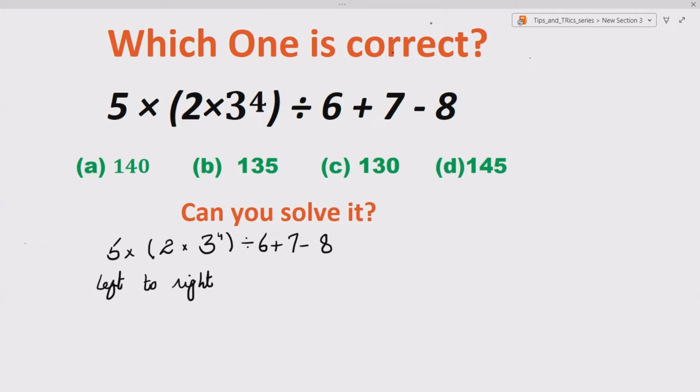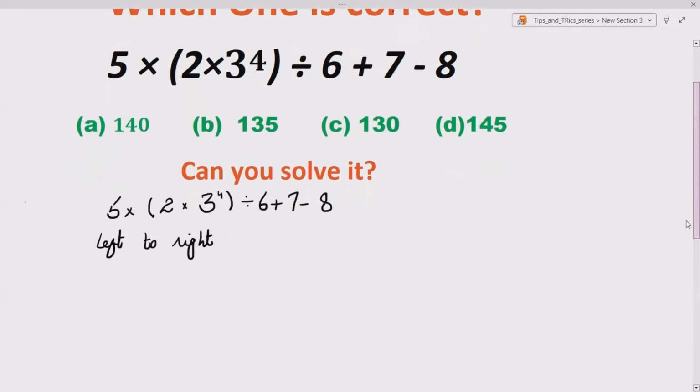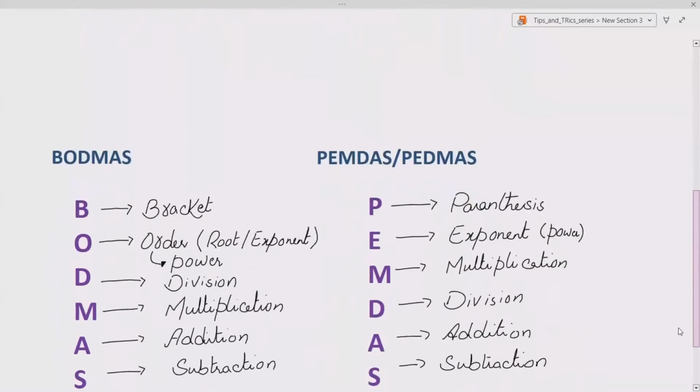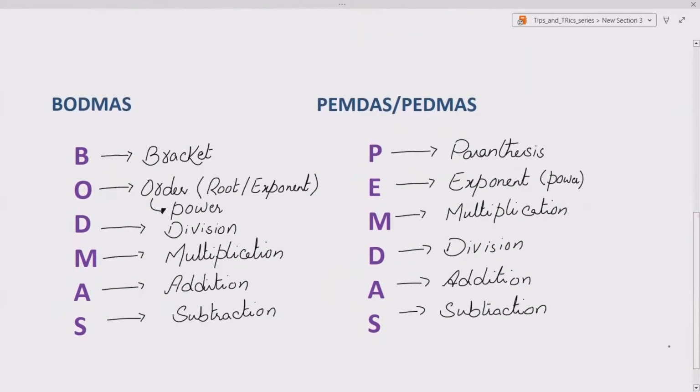But instead of just going left to right, we also use the actual rules to solve any arithmetic expression. If you are a student of the UK academic system, you have to follow the rule BODMAS. If you are a student of the Canadian or American system, you have to follow PEMDAS or PEDMAS. So what are these rules and what are they for?